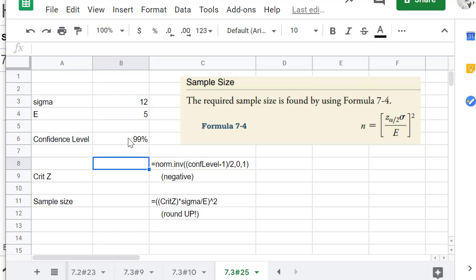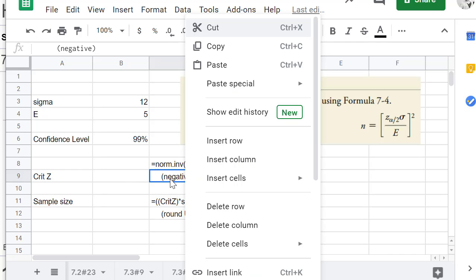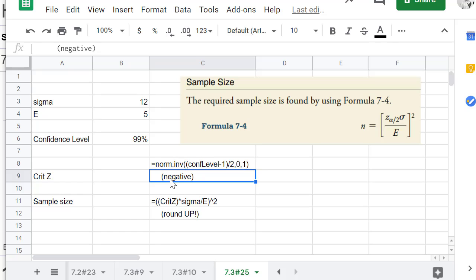It takes one tail, and the one tail comes from taking 99%, subtracting it from 1, and then dividing it by 2. Now when we do that, we're going to get the left tail, so we want to make sure that we undo the negative sign that comes up here. And after that, we'll put it into this formula, critical Z value times sigma, and then divide by the margin of error, squared.